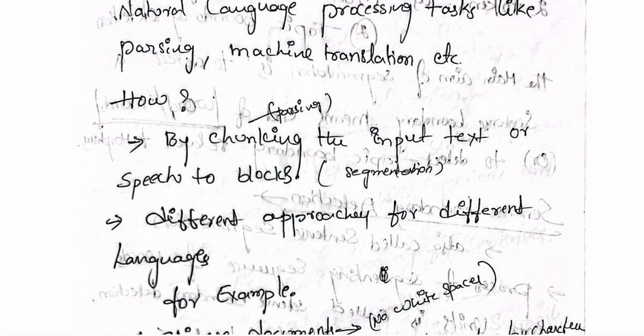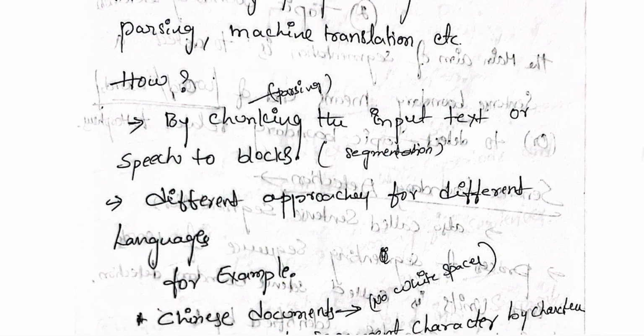In Tamil Nadu they speak Tamil, in Karnataka Kannada, and in Kerala Malayalam. These are all natural languages, so for all these different languages, dividing the text or speech into blocks needs different approaches.